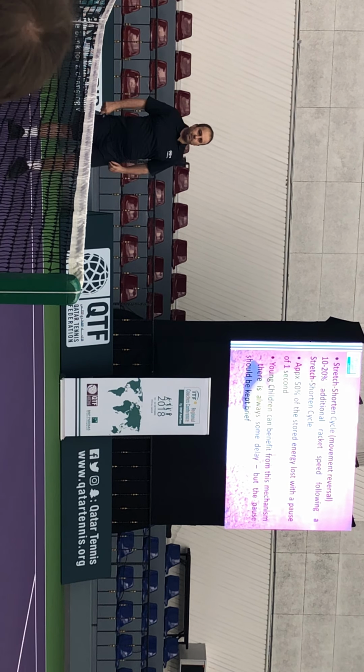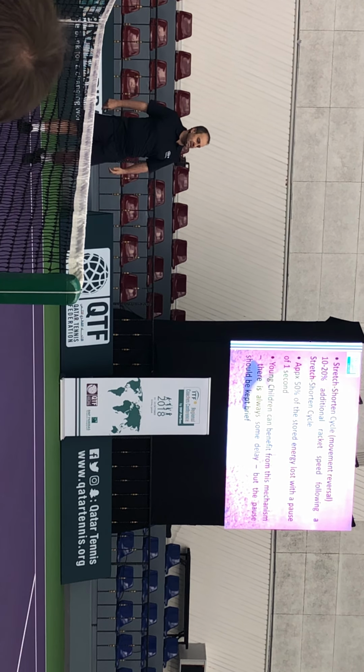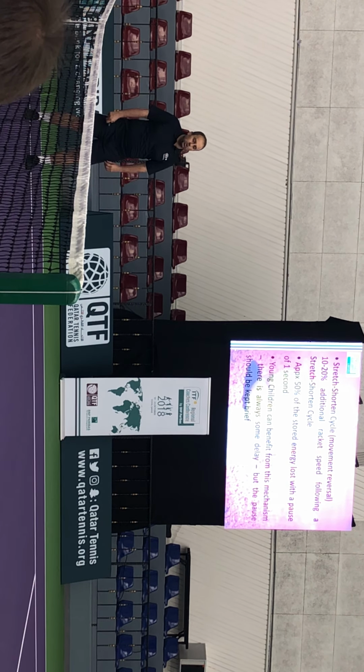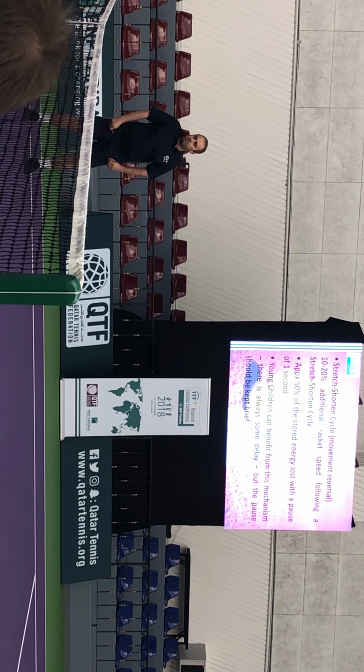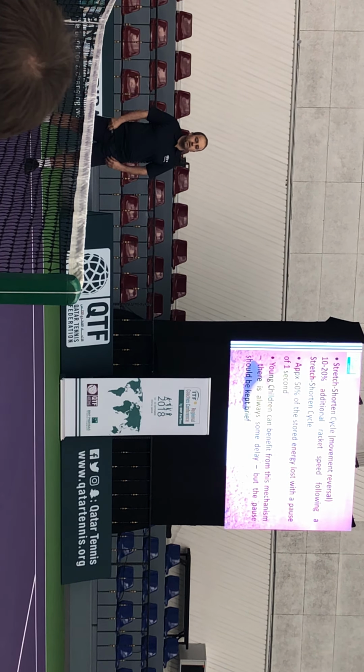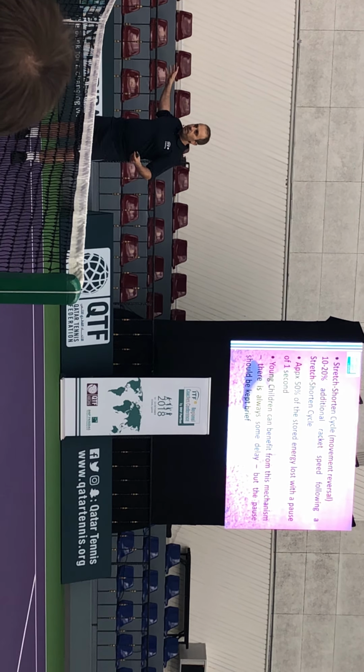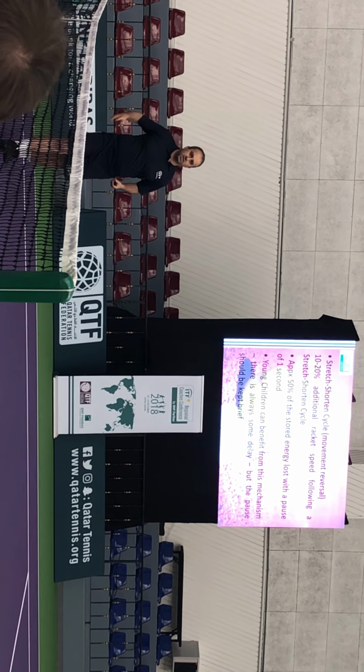Stretch-shorten cycle, to explain it with an example: when a player bends his knees or goes for a split step, the player stretches and then shortens a group of muscles. When you take the racket back, you stretch and then shorten a group of muscles.